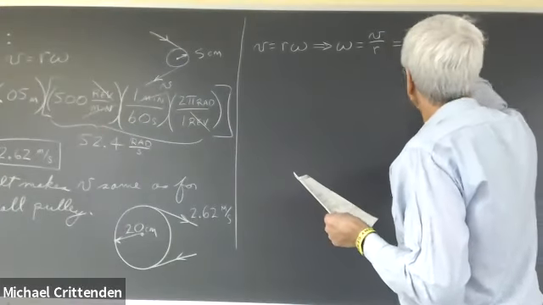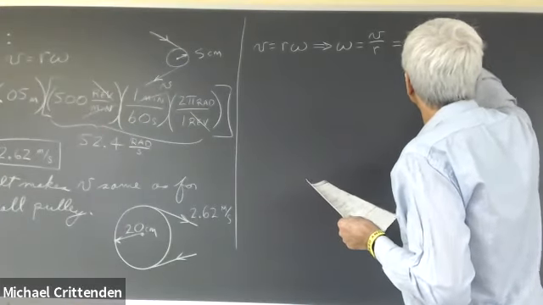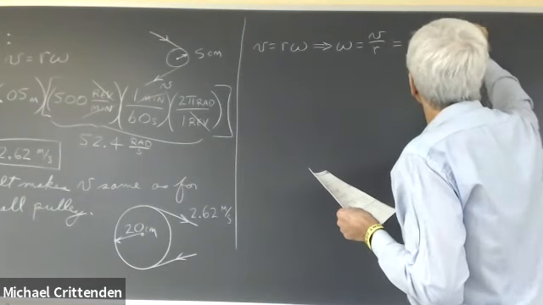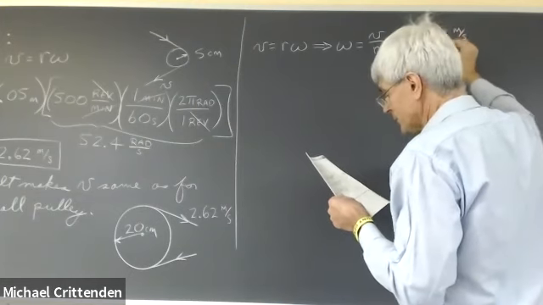Point on the edge of the wheel moves 2.62 meters per second.